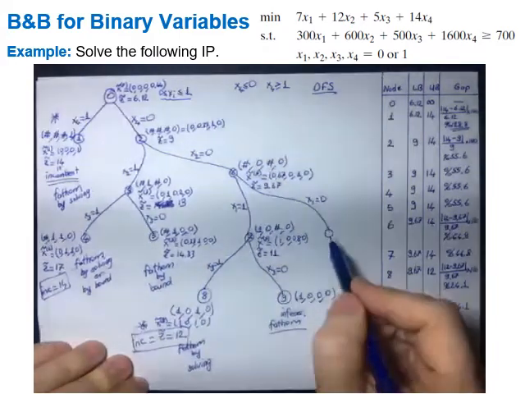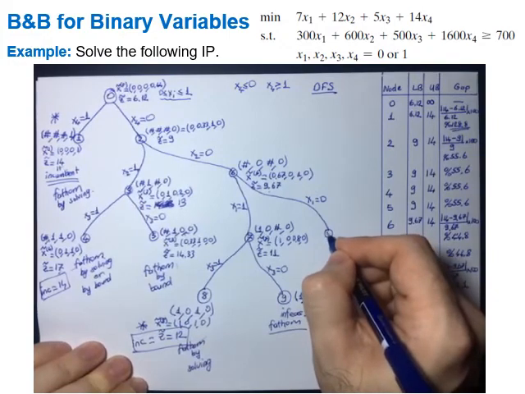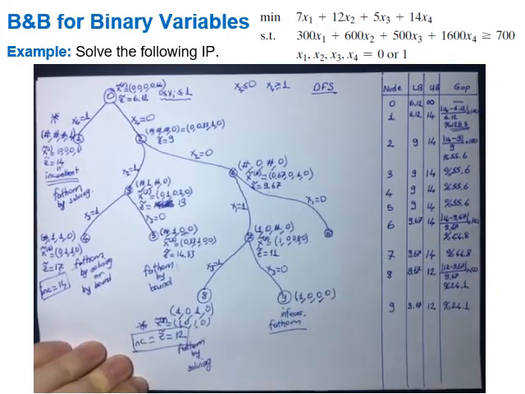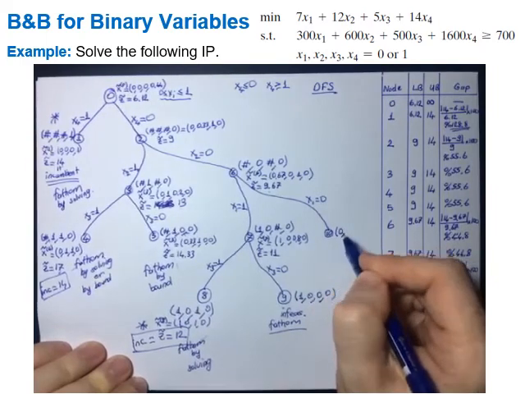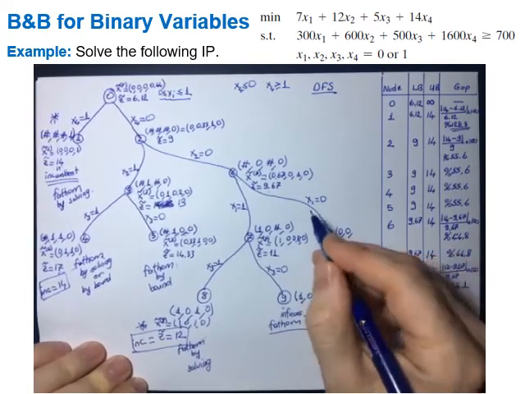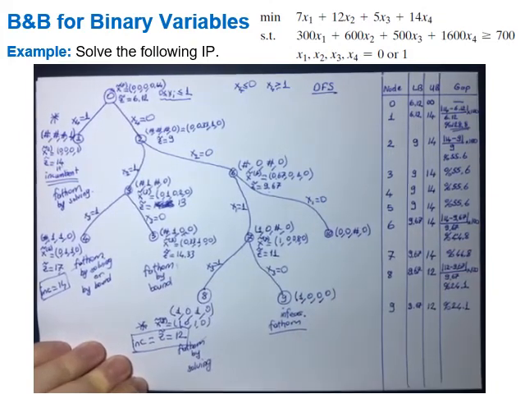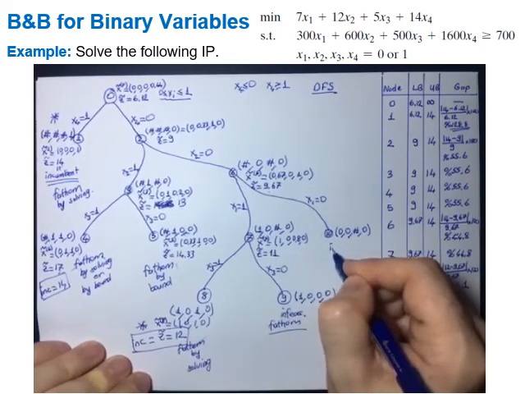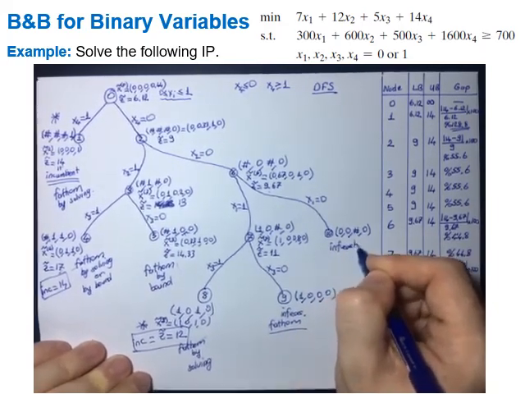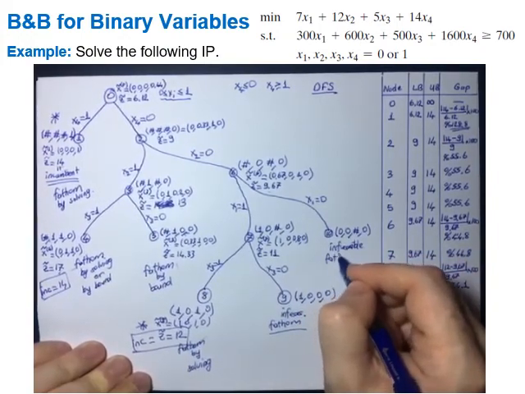Now there is only one node which is unexplored, so we need to number it as 10. Which problem are we solving here? X1 is fixed to 0, X2 is fixed to 0, X3 is free, and X4 is set to 0. When you try to solve this, you see that there is no feasible solution to this problem. This is infeasible, so that's why we fathom.